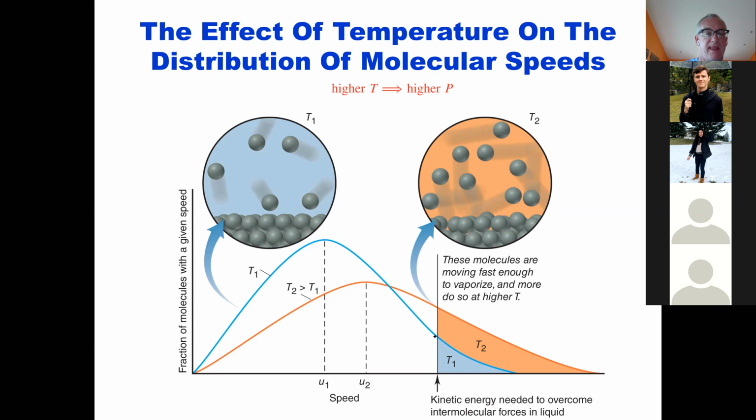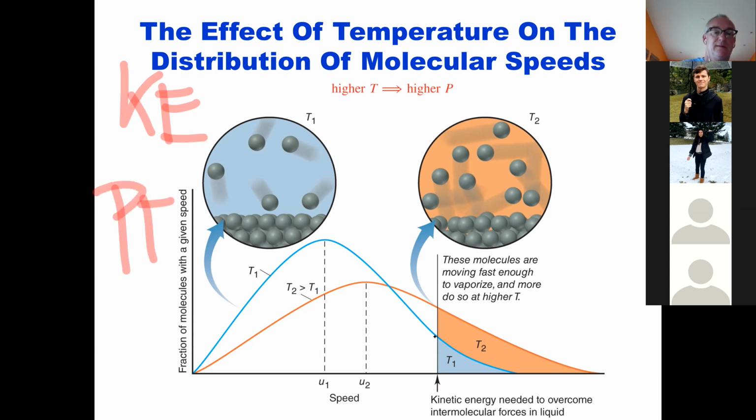And so when that happens, basically what has happened is that we have our kinetic energy, which wants to turn things into vapor, and we have our potential energy, which wants to have the molecules stick together. So what's happening out here, the kinetic energy has basically overcome the potential energy.